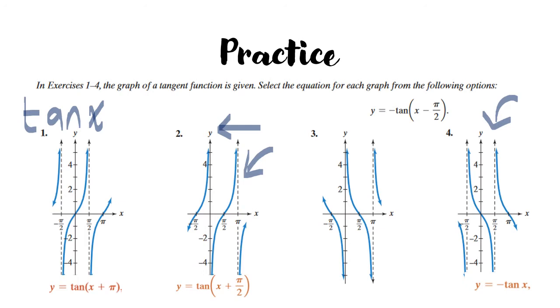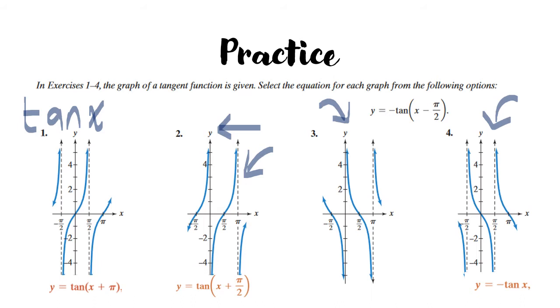Now this one here, I see my graph, first of all, is flipped about the x-axis, and also it got moved to the right pi over 2. What used to happen at 0 now is happening at pi over 2.